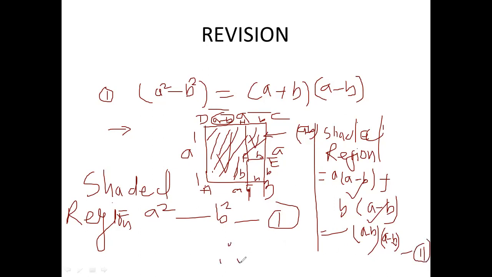Therefore, both of them are equal. That's why A square minus B square equals A plus B into A minus B. Okay, children, like this we get this formula. Are you clear?